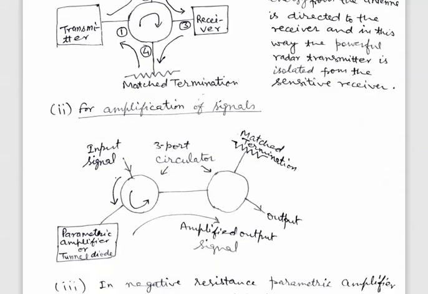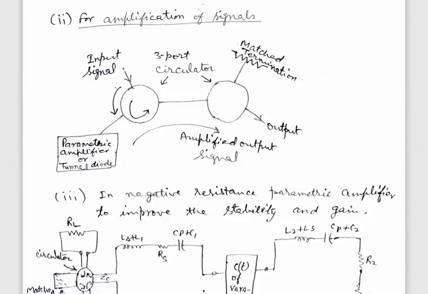The second application is shown in the figure. It shows the amplification of signals. In this application we have used two 3-port circulators. With the first 3-port circulator, the input signal enters at port 1.